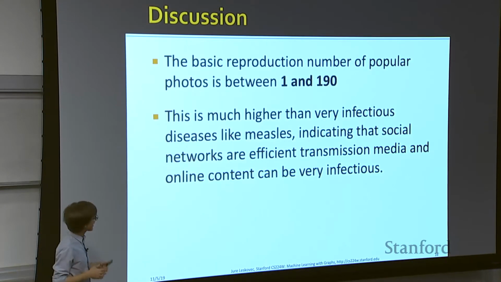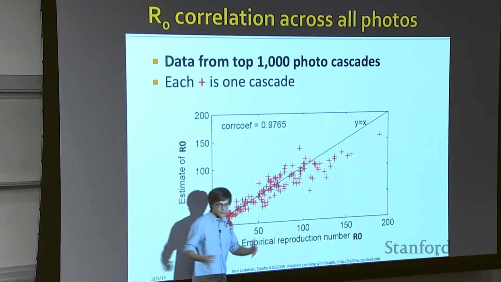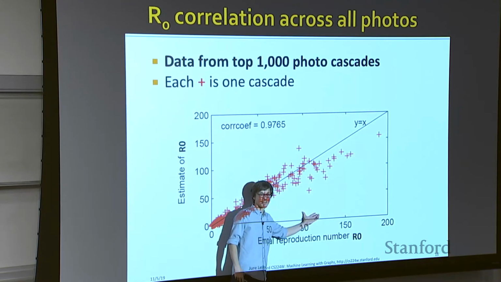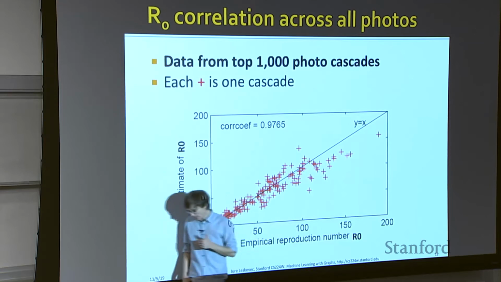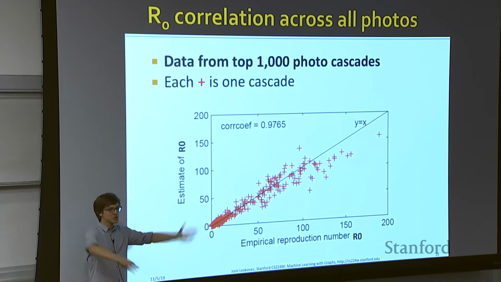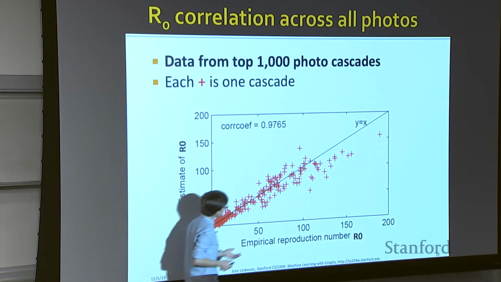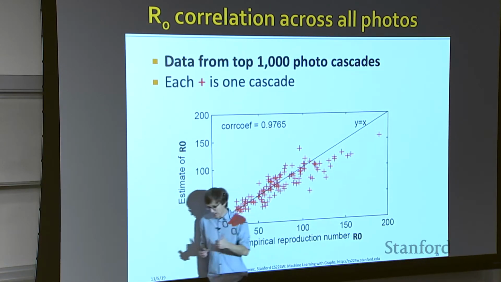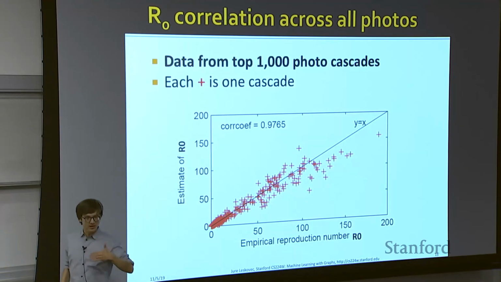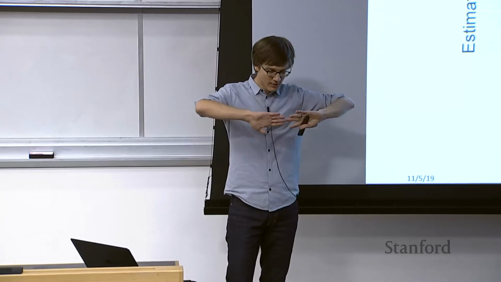And what you also notice is that the reproductive number here is quite crazy high in some cases. And then you can ask, why do these epidemics stop? Why don't they just go through the entire network? The reason is that the reproductive number is not homogeneous, and it changes over time as the news gets stale. So it's harder and harder for the information to keep pushing.